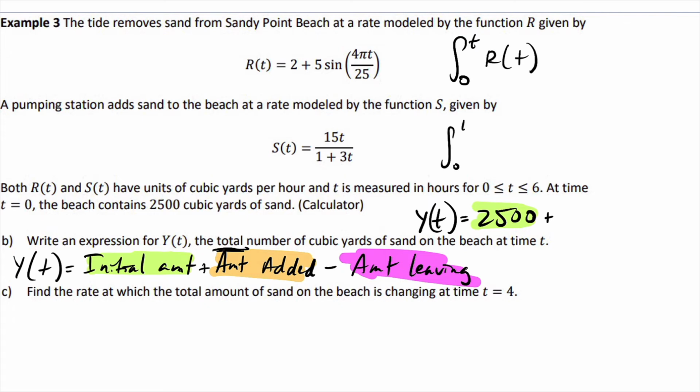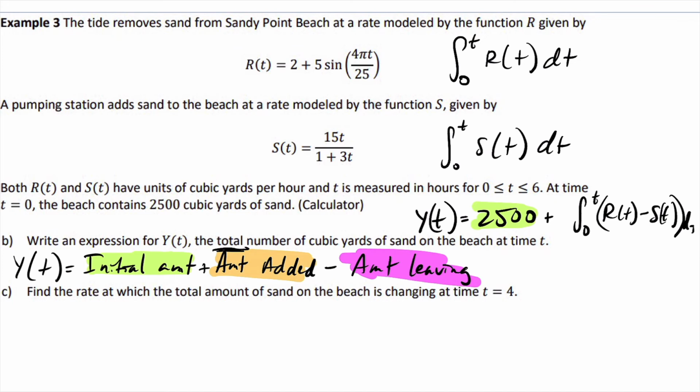And then the integral, same thing here. Right? And I got to subtract them. Well, you can have them separate like that, or you can put them together because they both have the same bounds. So you can say r of t minus s of t dt.